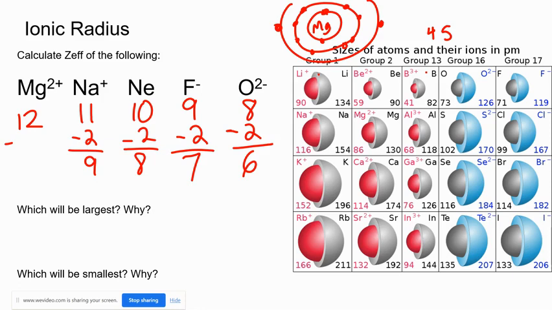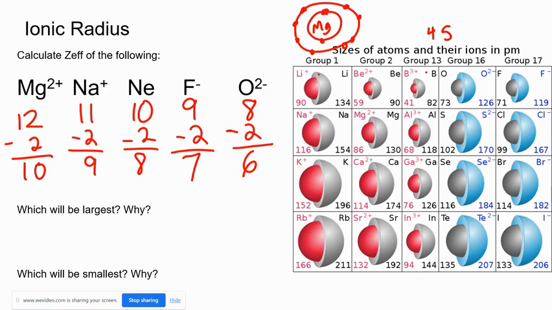Magnesium plus 2. How did it become a plus 2? It lost 2 electrons. How many core electrons do I have? 2. So hypothetically, if it didn't have those 2 extra protons, it's not going to be magnesium, it would be neon.